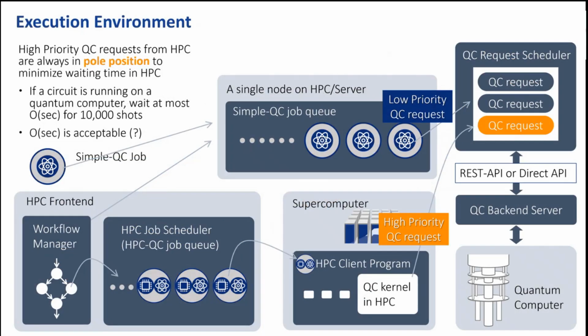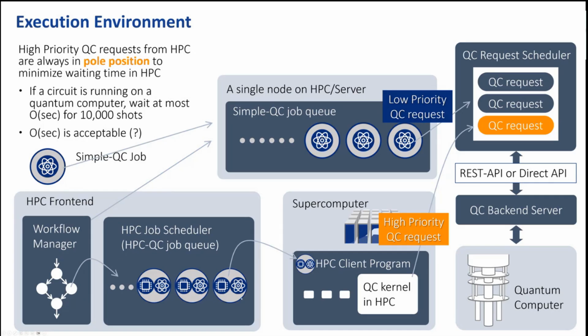So this diagram shows our execution environment. High priority execution requests from HPC are always in the first position of the scheduler. To do this, we designed and developed lightweight schedulers, which we call request schedulers. First, there's a workflow engine, and it may submit something to HPC or quantum.